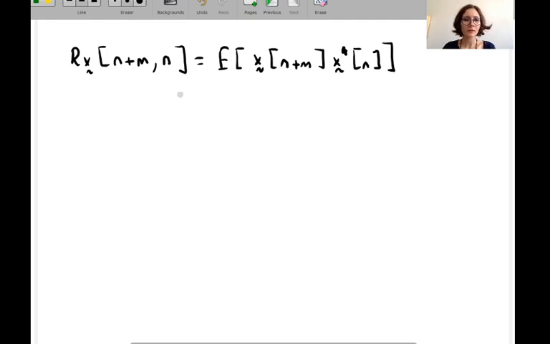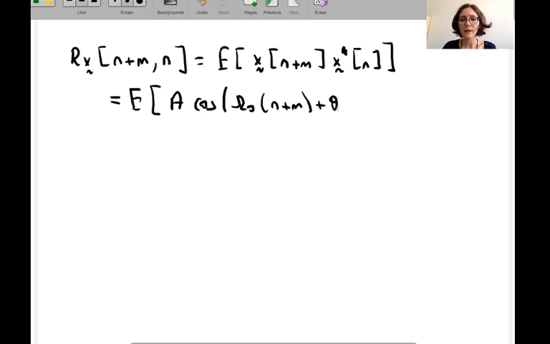Now let's just plug in the expressions for our random process. We are looking at the expectation of x of n plus m, which is going to be A cosine omega 0 n plus m, and then the random phase value. And then you have x of n, it's real valued, so you can ignore the complex conjugate.